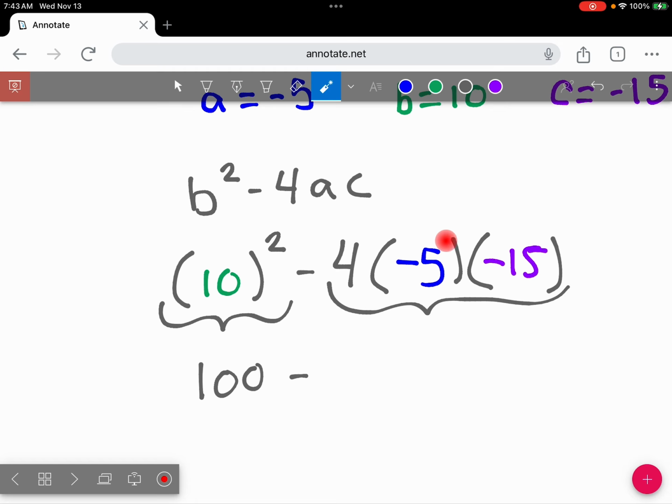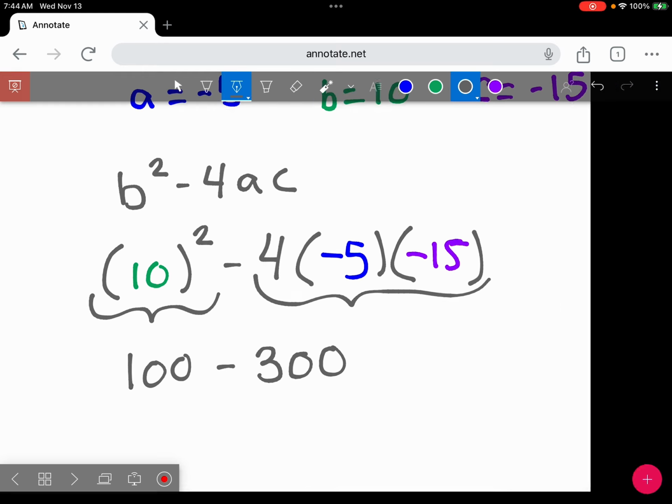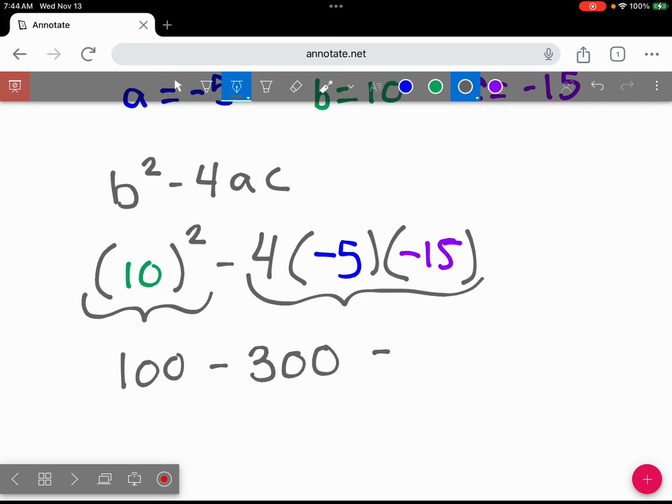So these two minus signs have canceled out. So we're going to have a minus. This value is 300. Be super careful with our signs here. That is the biggest place that these will catch you. So 100 minus 300 is what? -200.